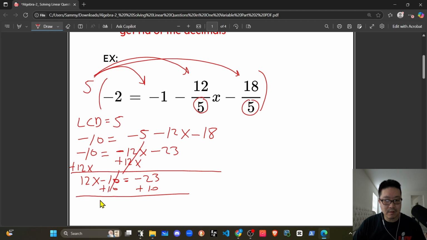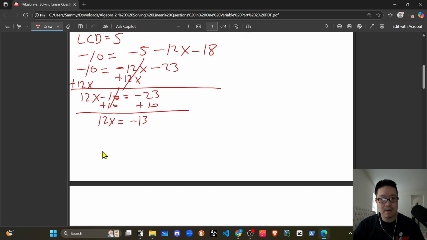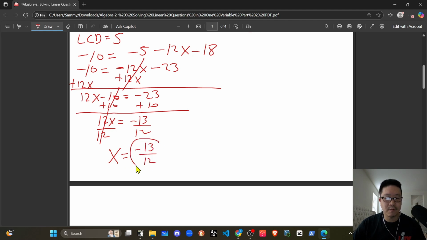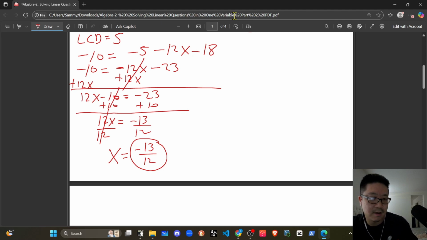And the 10s cancel. We get 12x equals negative 23, and positive 10 is going to be negative 13. Okay, and to fully isolate x, we can divide both sides by 12. And when we do that, we get x equals negative 13 over 12. And that is going to be our answer. And I'll leave it up to you to see if we did this correctly by checking our answer.